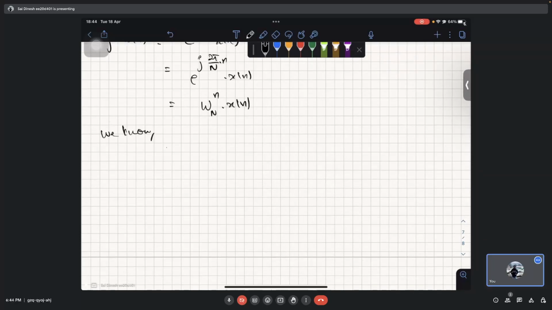We know W_N to the power minus ln times x of n causes a circular shift of L samples.